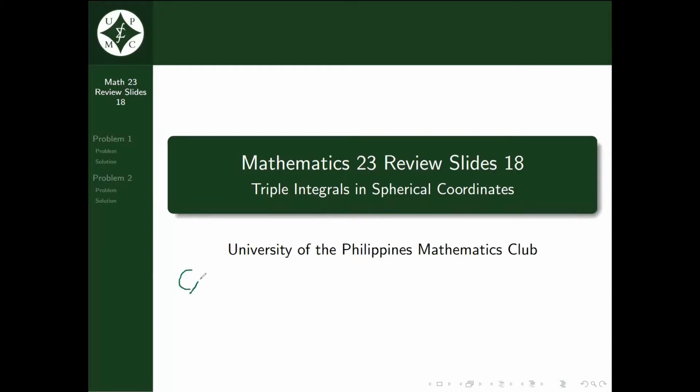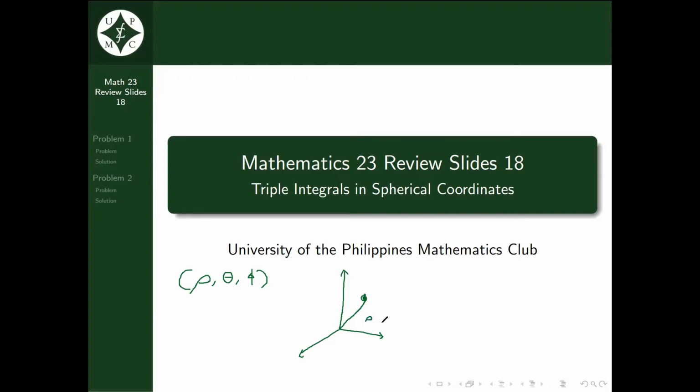So spherical coordinates are represented by these three coordinates, rho, theta, and phi. Let's say we have a point in R3. The distance from the origin to that point is our rho.